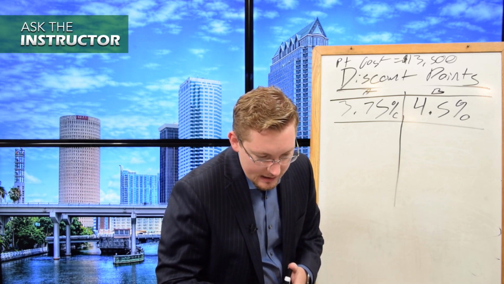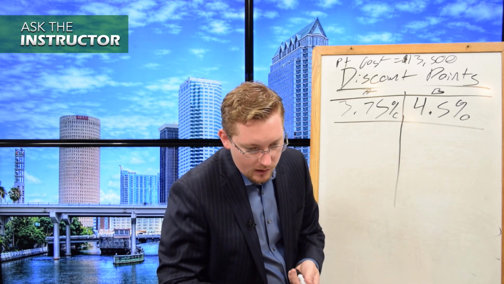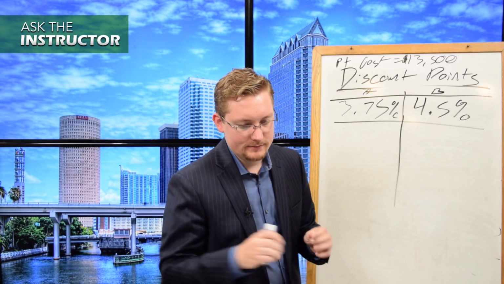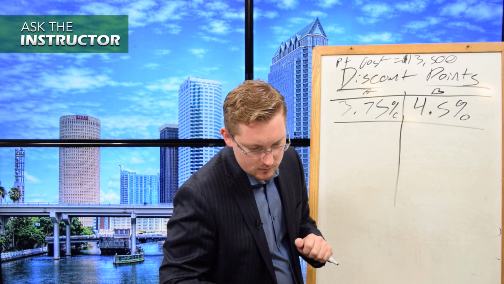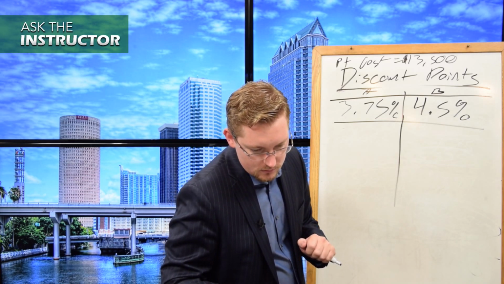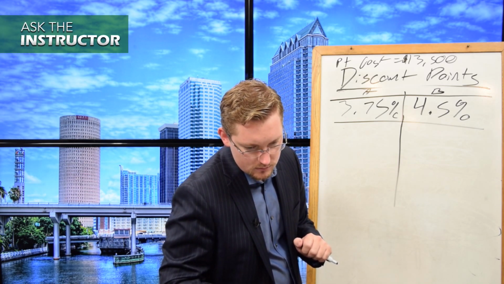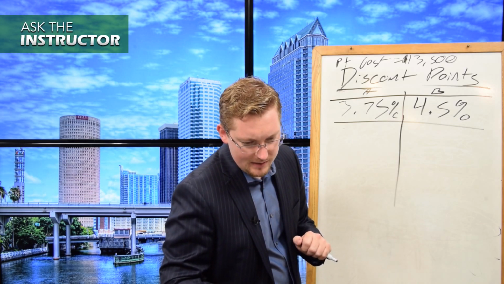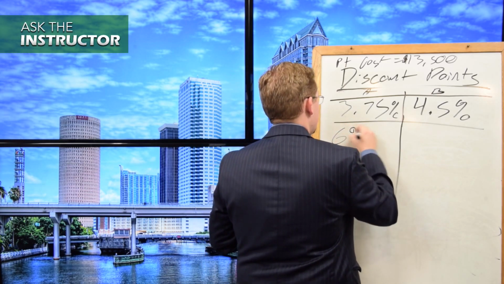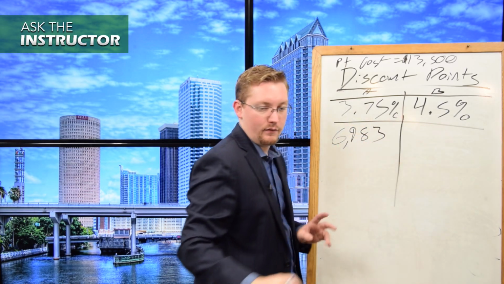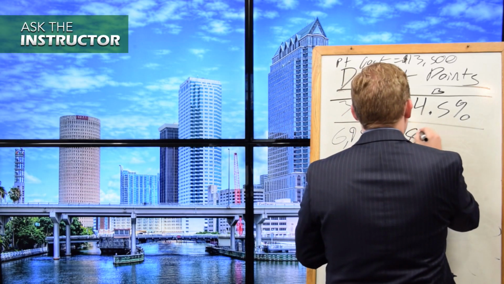Looking at this amortization calculator, for our 3.75%, we end up with $6,983, versus on 4.5%, for just the interest, because that's all we're paying attention to here, $8,387.